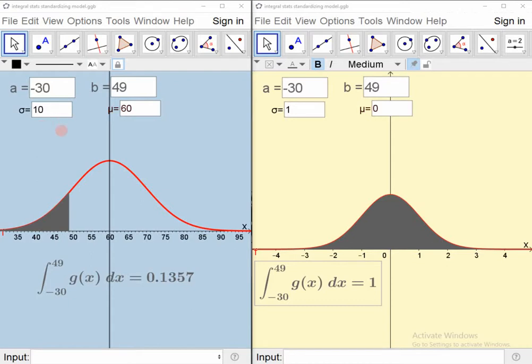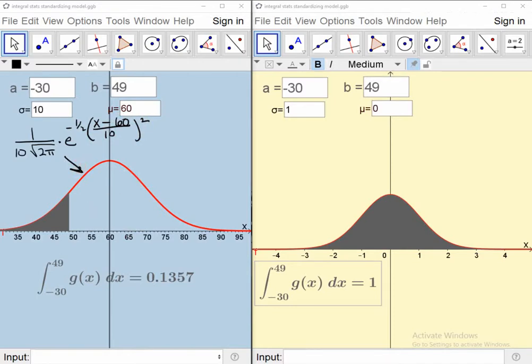The formula for this red curve is 1 over sigma, which is 10, times the square root of 2 pi, times e raised to the negative 1/2 times (x minus mu, which is 60, over sigma, which is 10) squared. Okay, that is what that red curve is.